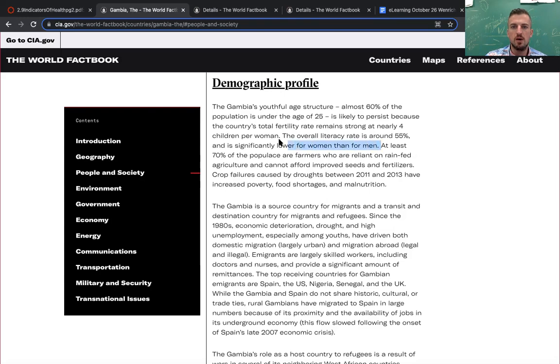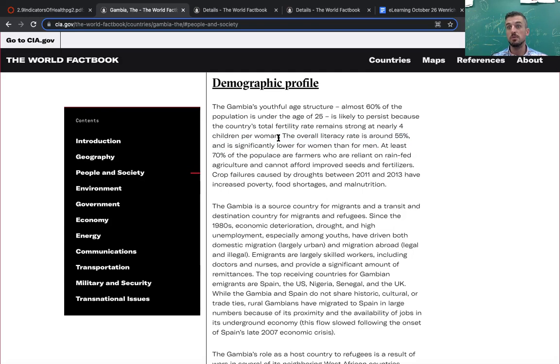Okay, wow. So it looks like women's access to education in this country is very low, which is a huge indicator of women's rights being lower. And if their rights are lower, their odds of just making babies is very high.